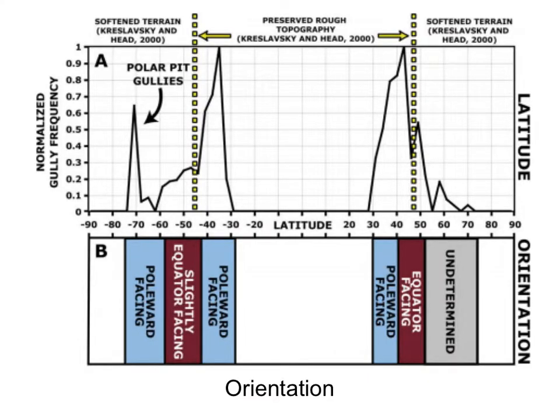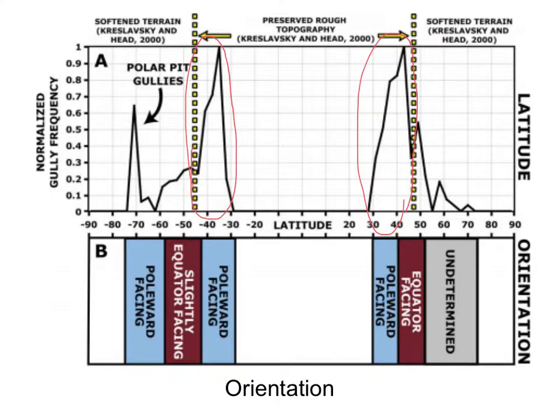The other thing that is kind of unusual is that if you look at the bulk of these, as we saw in the previous figure, the bulk of these gullies are at these mid-latitude areas.